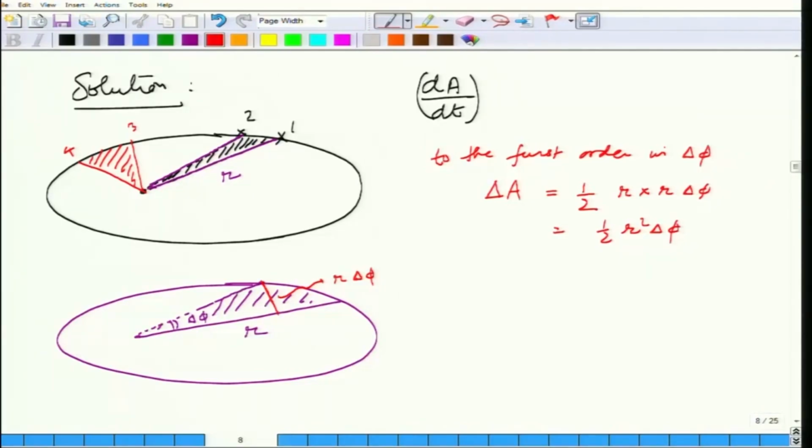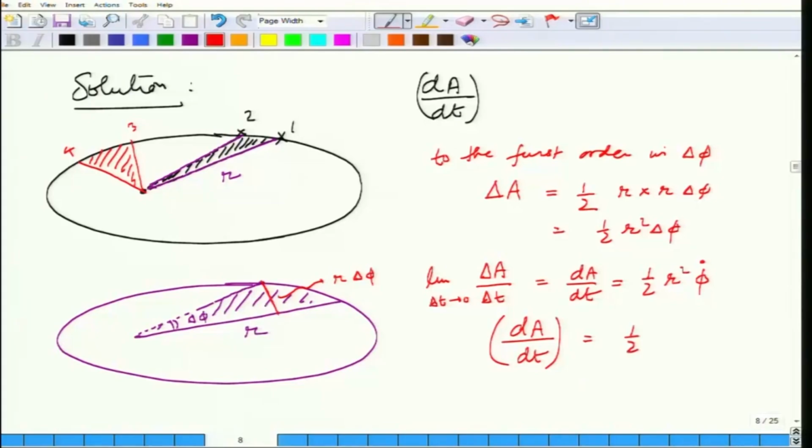So, we learned that, and therefore, delta A over delta t with limit delta t going to 0 comes out to be 1/2 r square delta phi by delta t, limit delta t going to 0, which is phi dot. So, dA dt is going to be equal to 1/2 r square phi dot. Let me write that here.